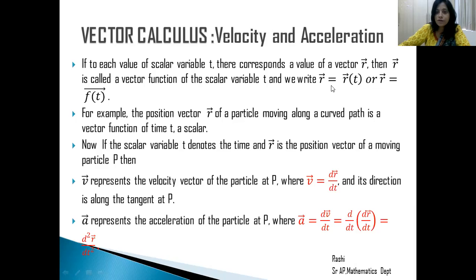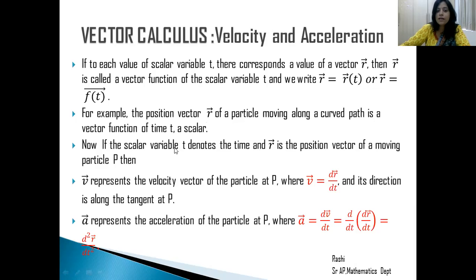So this is how we should represent it. Now, for example, if I talk about a particle moving on a curved path, then r can be expressed as a position vector for the movement, where t is the time.